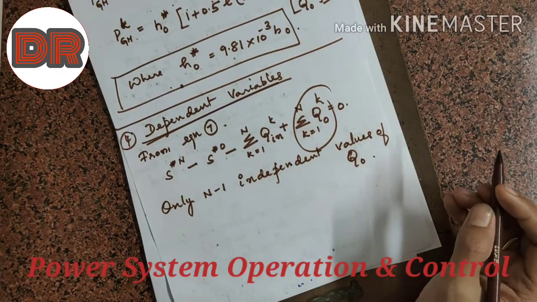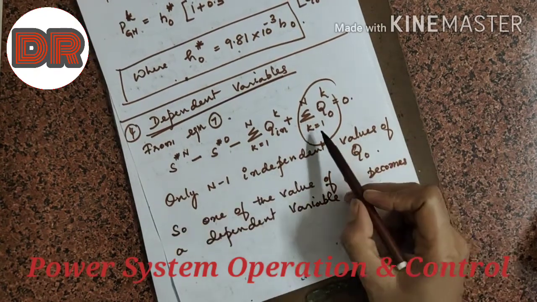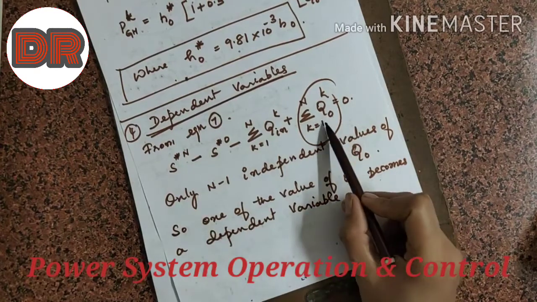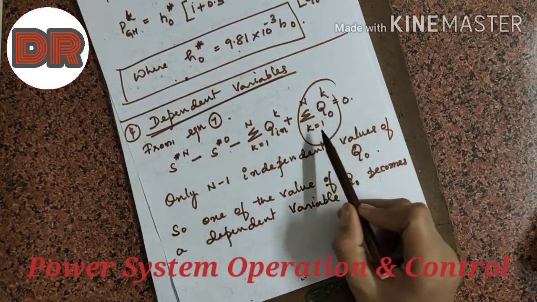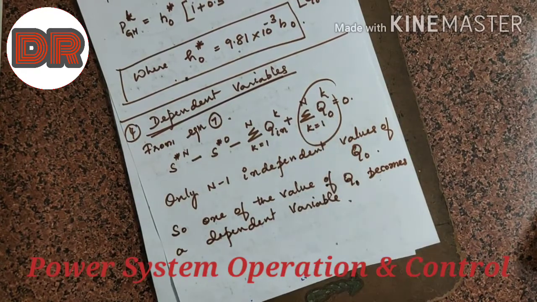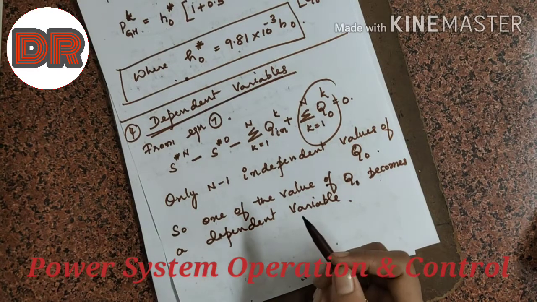So from this we can see that only n minus 1 independent values of Q naught can be written. So out of n, if you take only 1, that is one value of Q naught becomes a dependent variable.